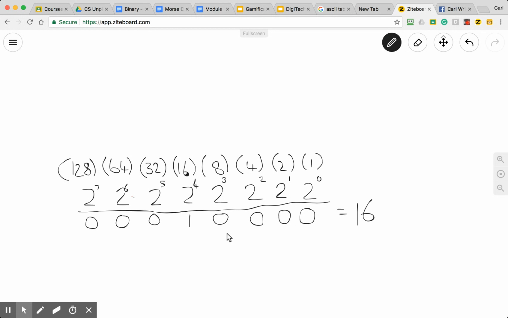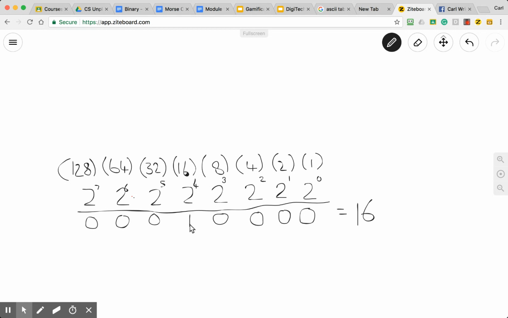All the 1s switch to 0, and then the next one over changes to 1. So if I shift this 1 across one column, what's happened to the number? It's doubling because it's going up by the power of 2.